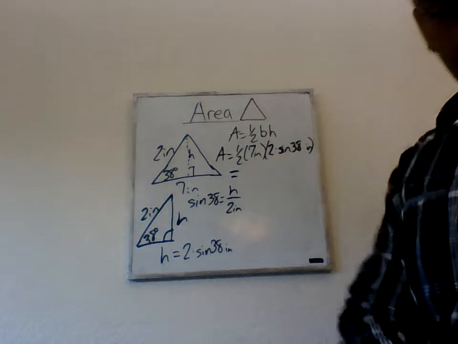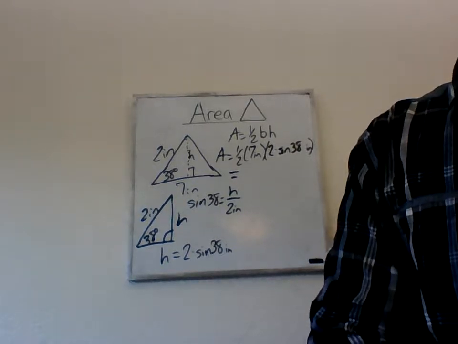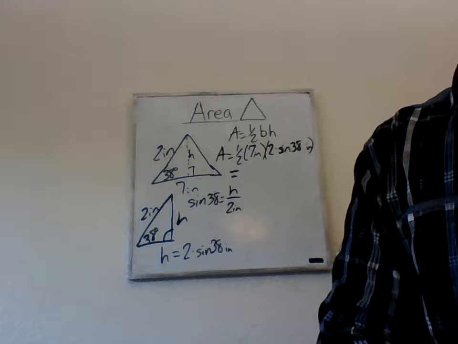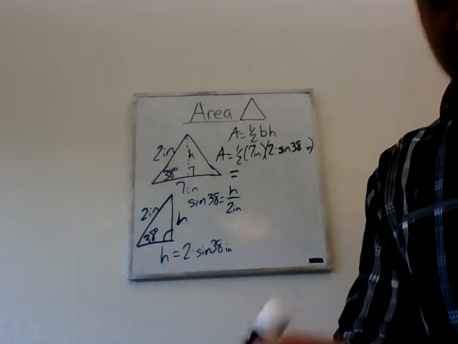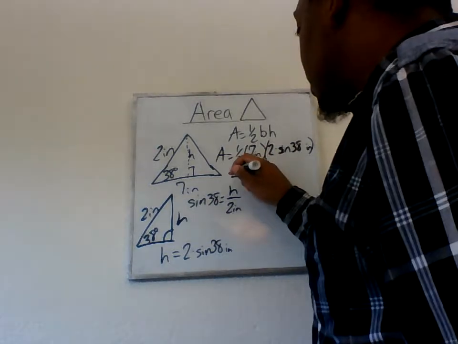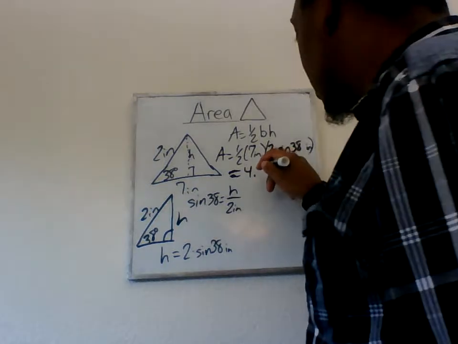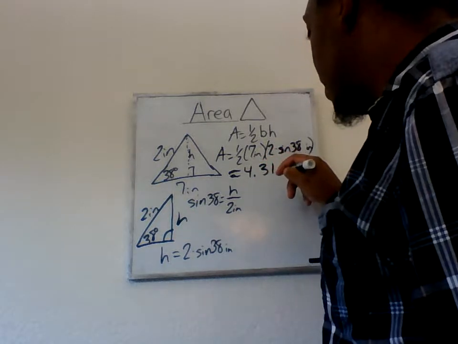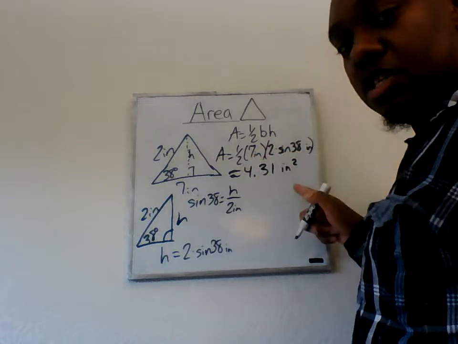Okay, so what can I do here? Well, now I can multiply this out, and I end up with 7 times sine of 38 degrees, times the 2 times the 1/2, of course, as well. And then I get approximately 4.31 inches squared, because inches times inches would be inches squared.